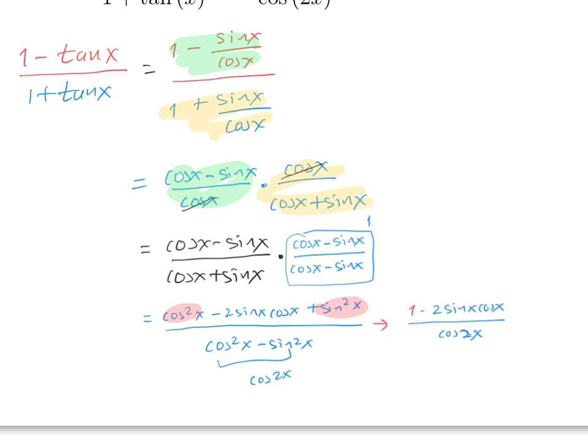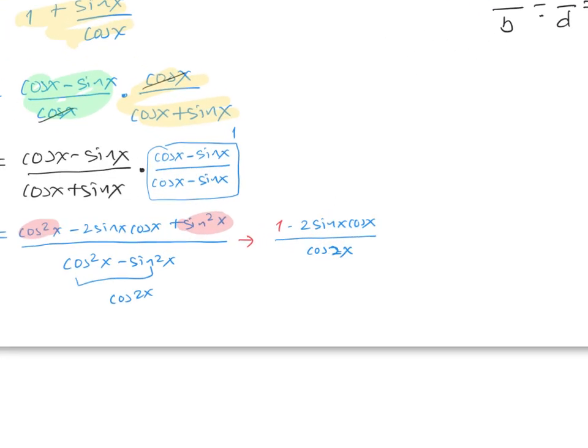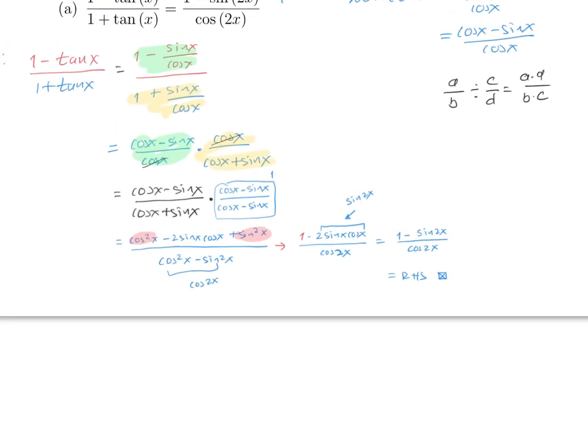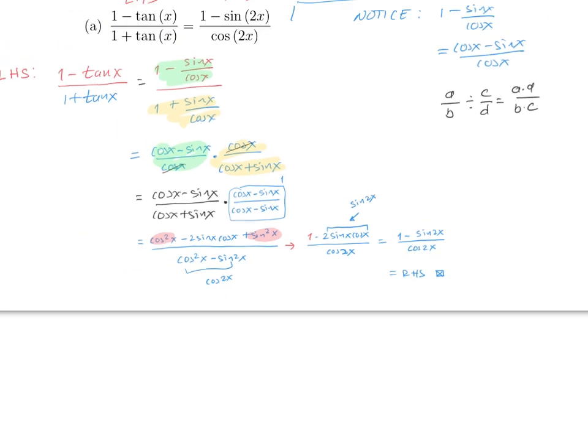But remember the 2 sine x cosine x, that's exactly the double angle formula. So this is sine of 2x. So therefore this is 1 minus sine of 2x divided by cosine of 2x, which is the right hand side, and that's it. All right, let's move on to the next one.